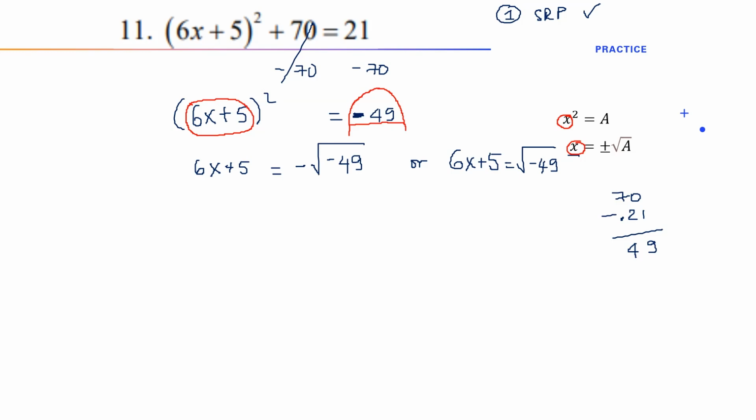Okay, so now the square root of negative 49 is the square root of 49 times the square root of negative 1. That equals minus 7i. 6x plus 5 equals minus 7i, or 6x plus 5 equals 7i.